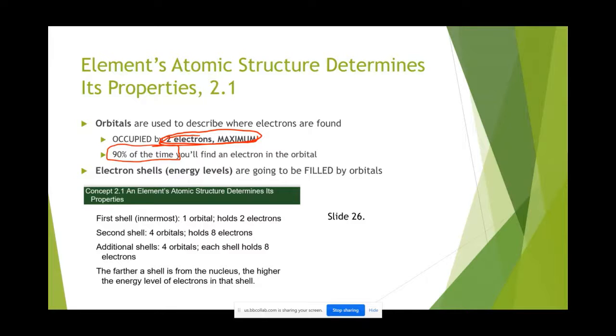Orbitals are used to describe where the electrons are found. And because there's only 2 electrons in that orbital, you'll be able to find it 90% of the time. You need to remember that it is always going to be occupied by 2 electrons max.